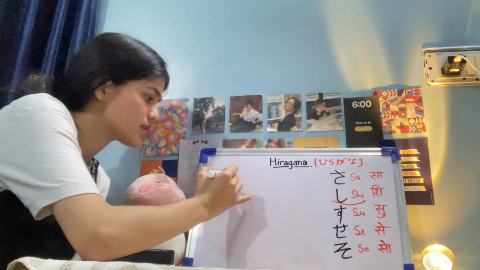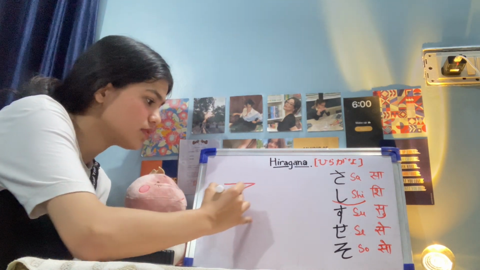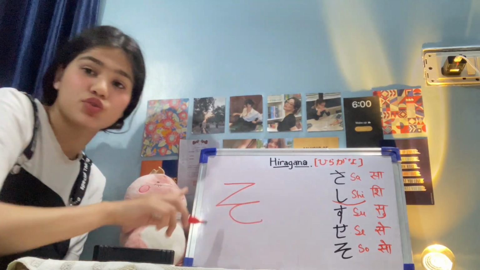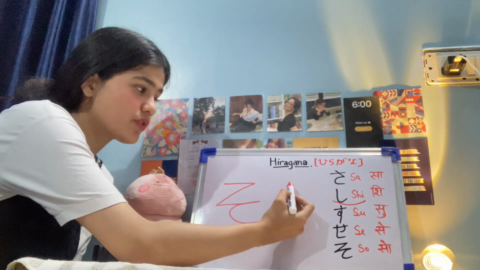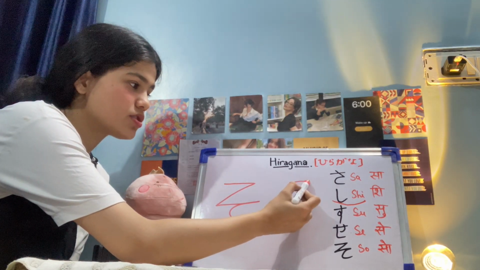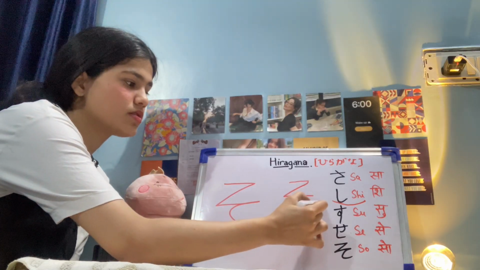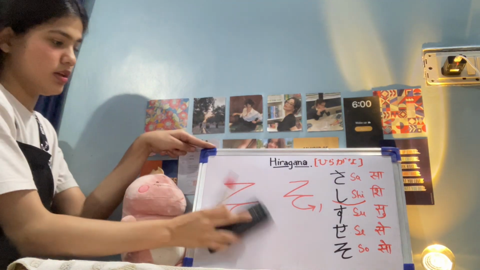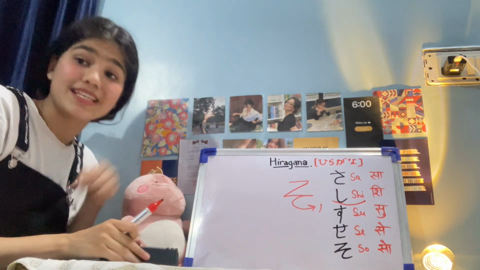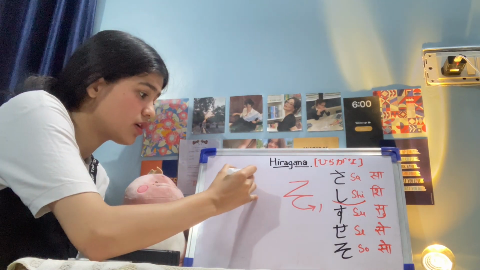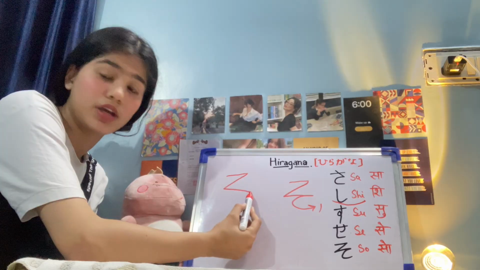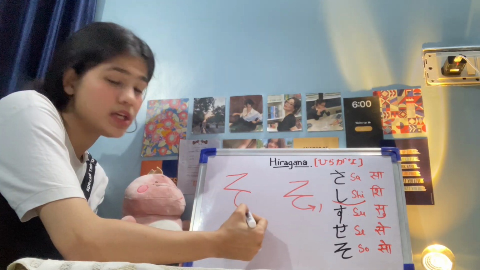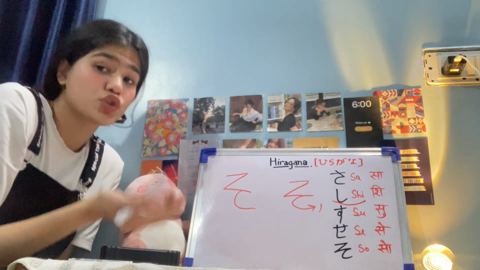So last we have so, in one stroke only. First we're going to make a Z, a Z for zebra, and then make a C underneath. So it's so.